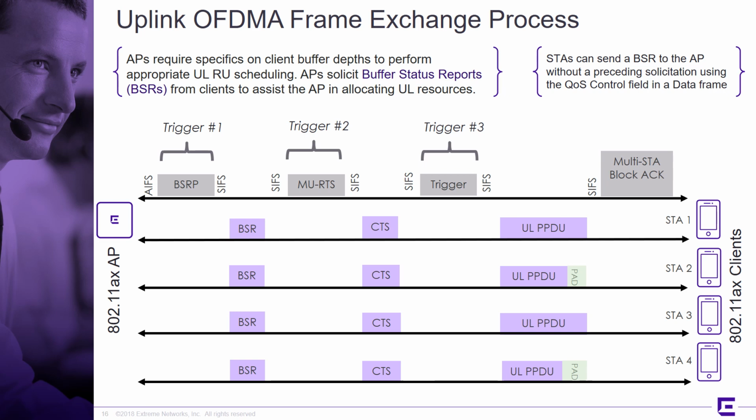It can simply, gratuitously, send its buffer status report uplink at any time. But this would be done in another frame, usually as part of the QoS control field in a data frame. So even if not asked, it could populate the QoS control field in a data frame just to indicate what it currently has in the queue.